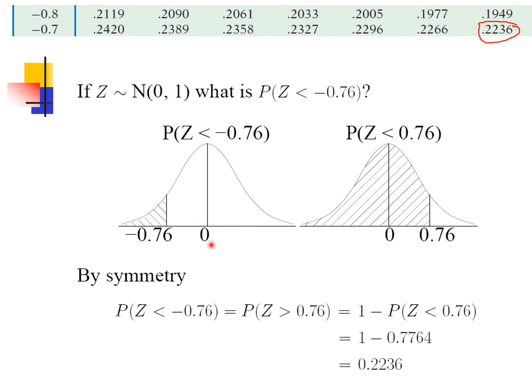You can just go to the z table and go for minus 0.76, and this is what you find directly. Otherwise, at times the tables will not give you the negative values. So in that case, from the positive value you can find this negative value also.